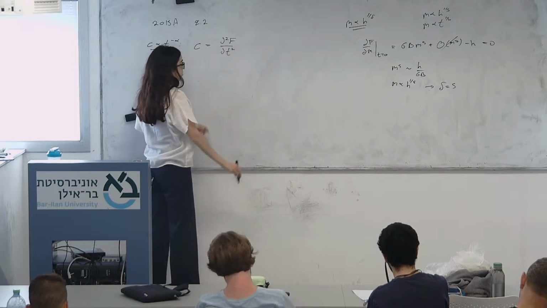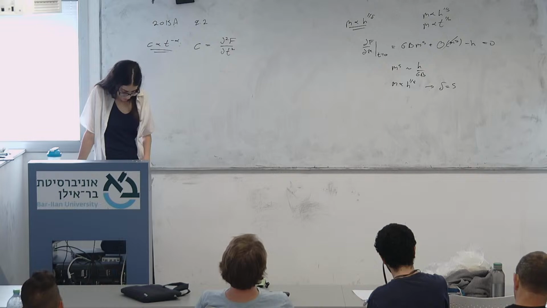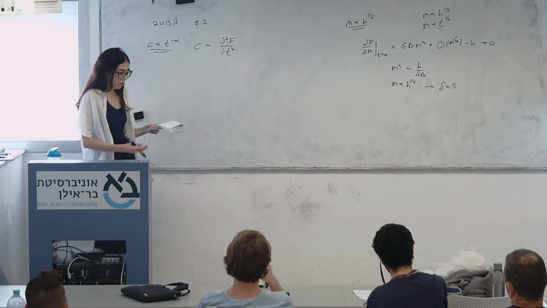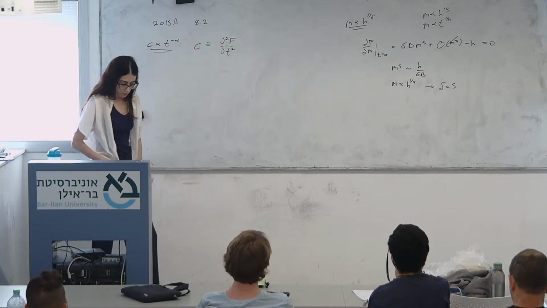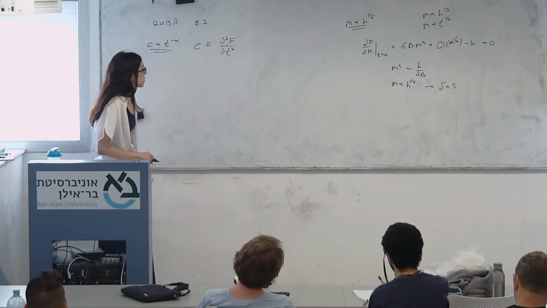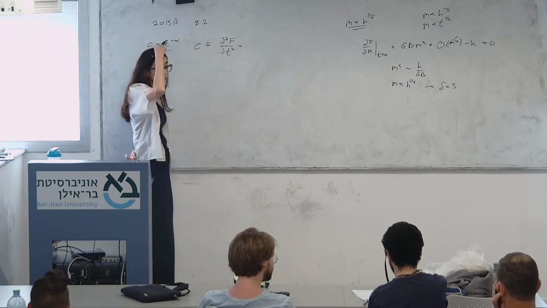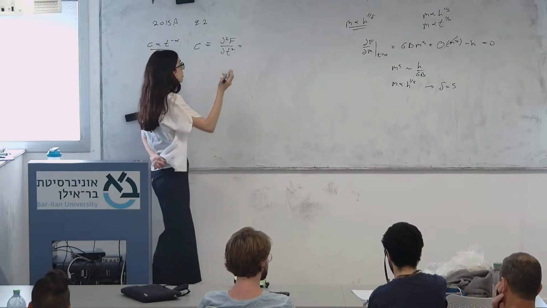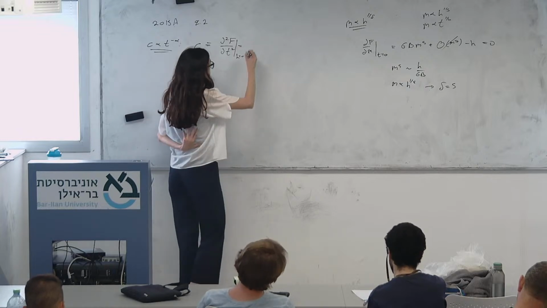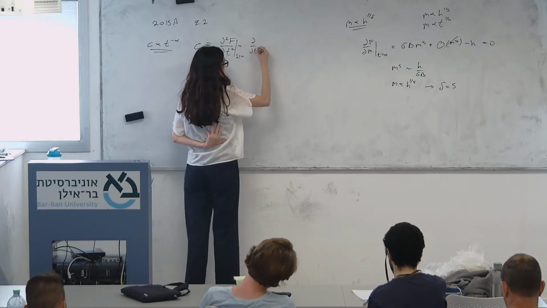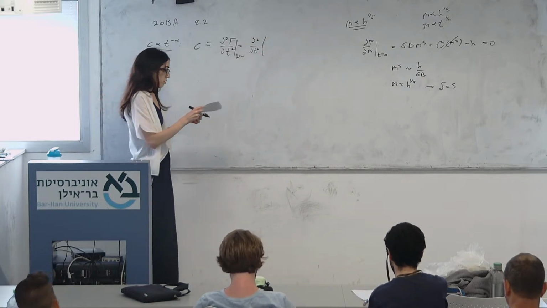I already wrote the reduced temperature, but just after the factor, so it doesn't matter. This is also for h equal 0. So this is the second derivative, and I write it with a half because I did it.